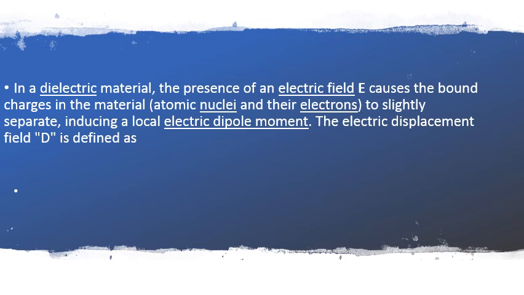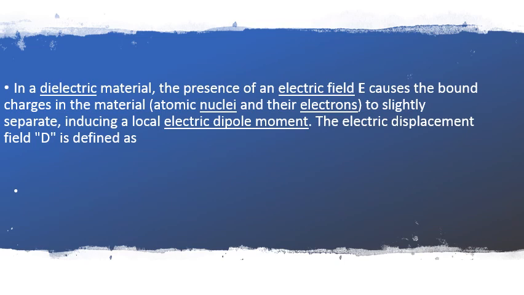In a dielectric material, the presence of an electric field causes the bound charges in the material to shift. These bound charges, meaning atomically bound, and their electrons slightly separate due to this.